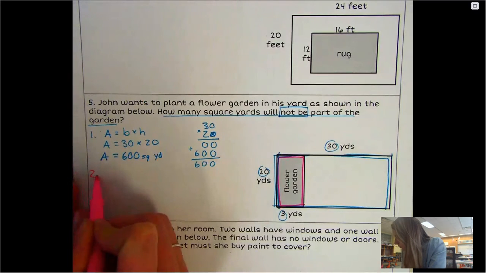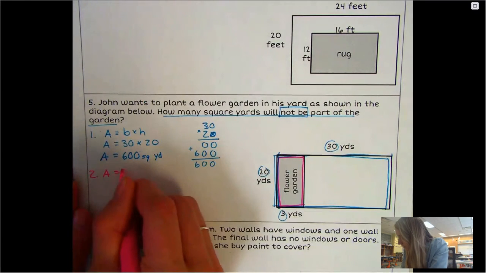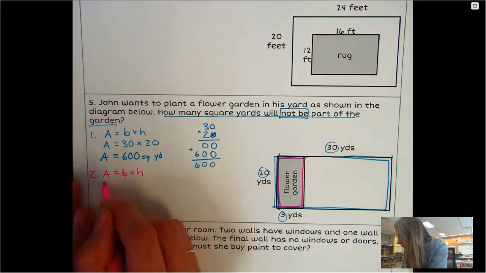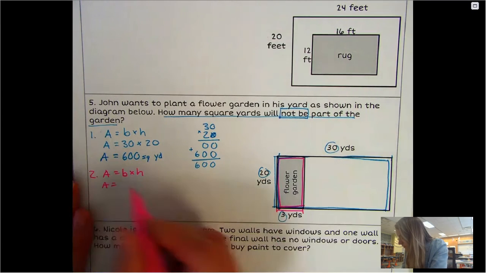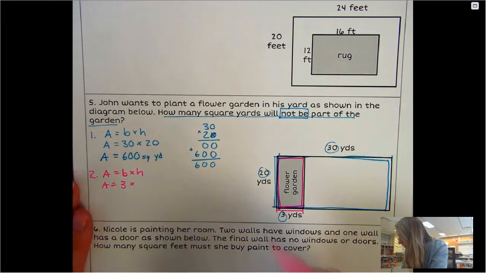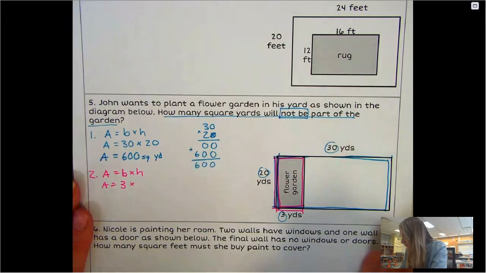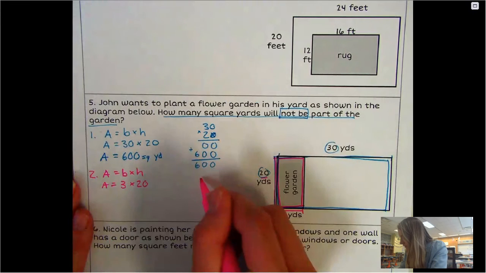So number 2 is finding the area, which is base times height of this shape right here. Now let's see, do I know my base? My base right here is going to be 3 times my height here would be 20. Okay, so we go over to the side, we stack our numbers.